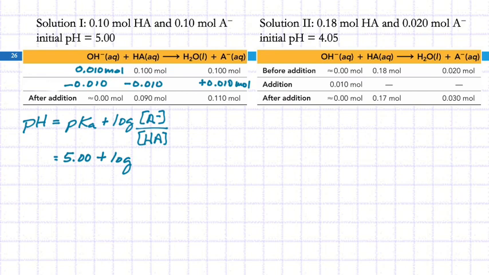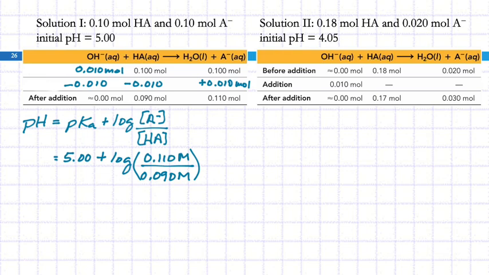This is 1 liter of the solution, so the concentration of the base is 0.110 moles per the 1 liter. And the concentration of the acid is 0.090 moles per liter. And again, if you prefer to do an ice table, that always works.